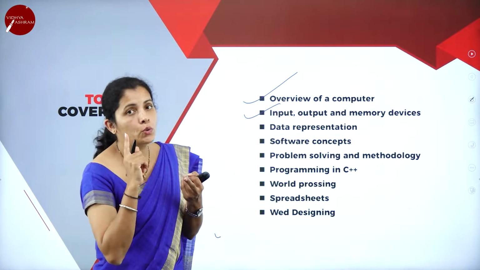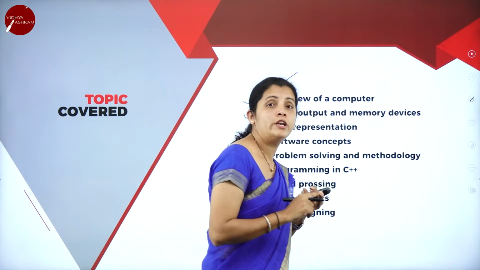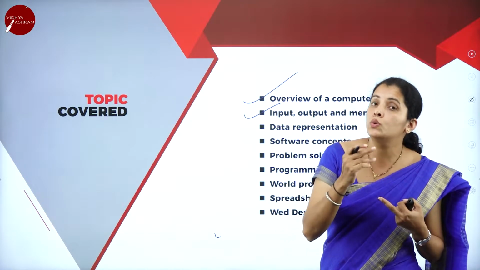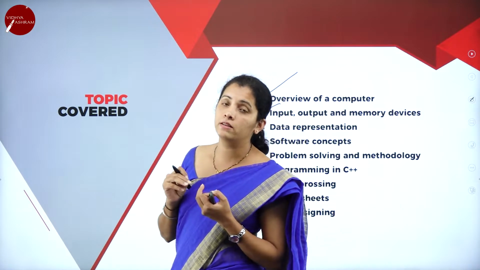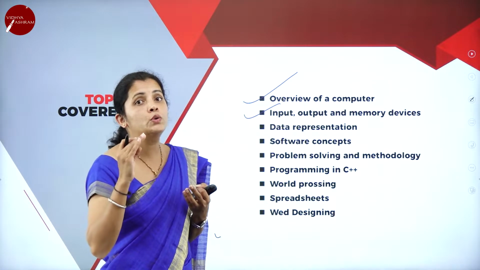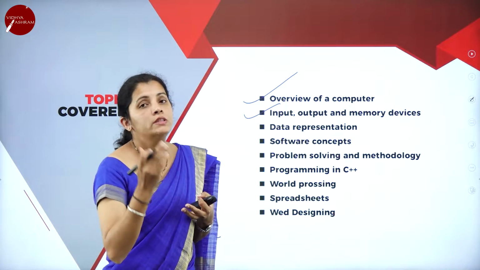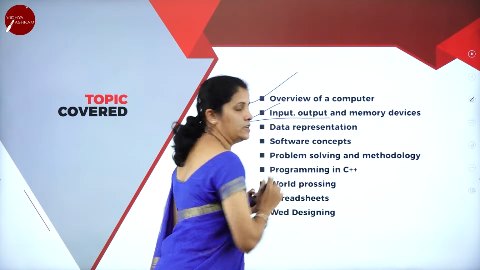That means we are going to have the monitor, the 4 different types of monitor. Then we are going to have the printer, the 2 types of printers, impact printer and non-impact printer. Then we are going to have the plotter and projector.